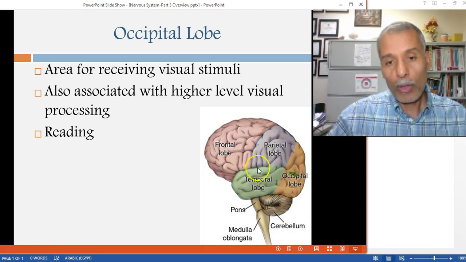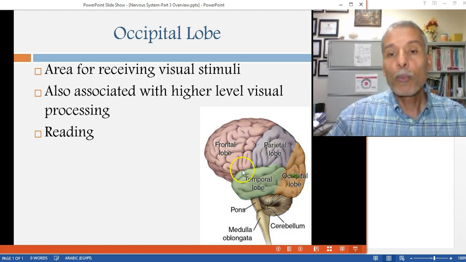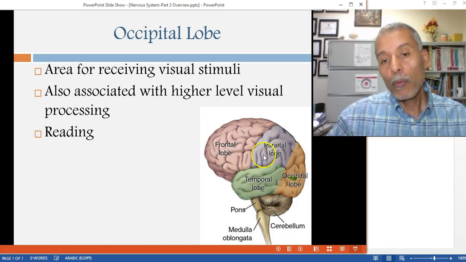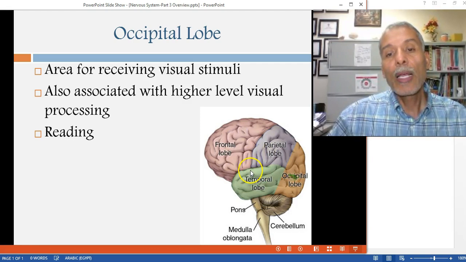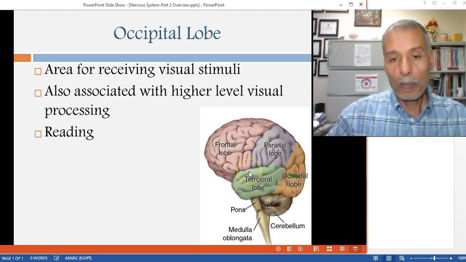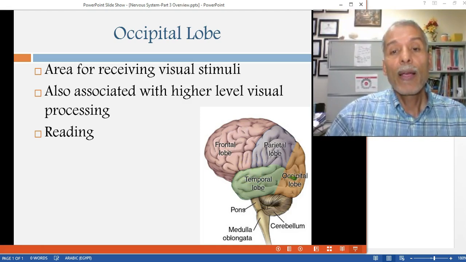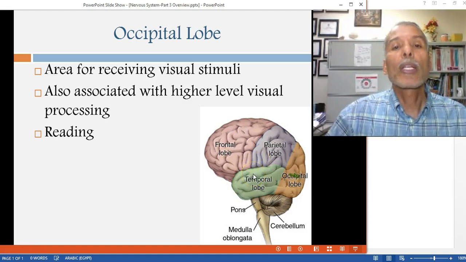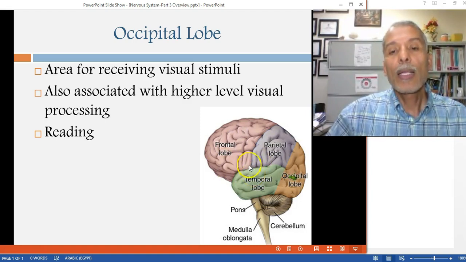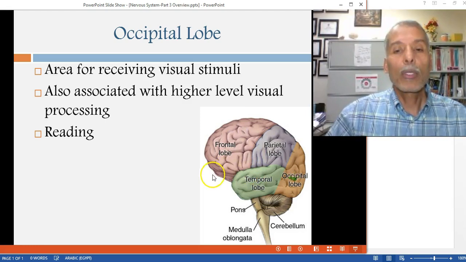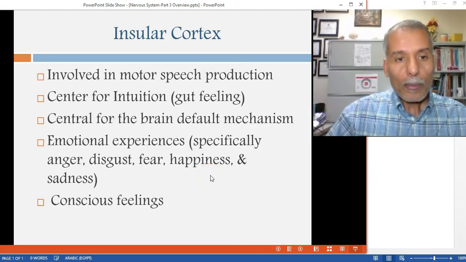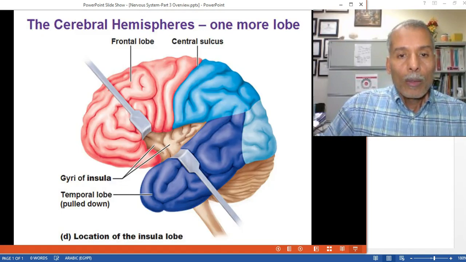This is where all the three lobes meet, and if you lift up these opercula, you are going to find the insula beneath them. So where is the insula? It is buried beneath the frontal, parietal, and temporal opercula. And again, the opercula are very important for language functions.